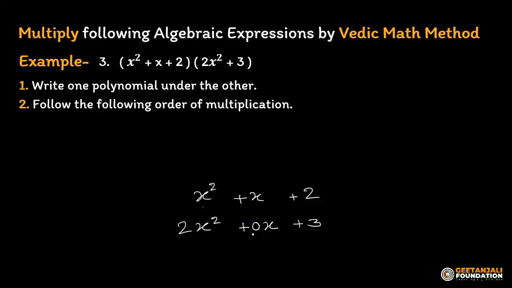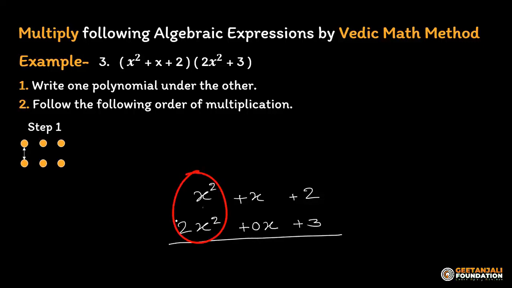Now we have to follow the following order. So step 1, we'll start from the leftmost column and multiply these two terms. So we have to multiply 2x squared with x squared. When we multiply 2x squared with x squared, it will become 2x raised to 4. So I am writing 2x raised to 4 over here. Now let's follow step 2.